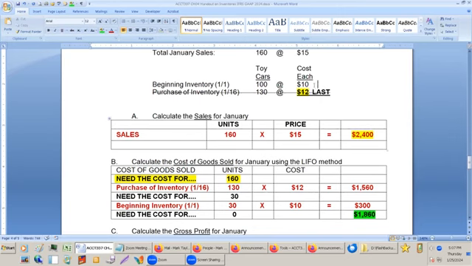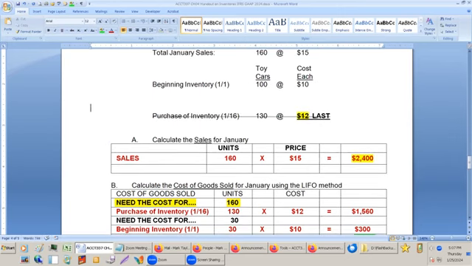Our ending inventory, we sold 30 of those. So our ending inventory will be 70 units at $10 each.